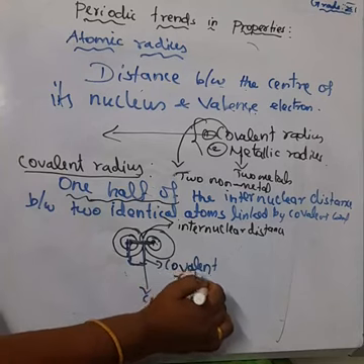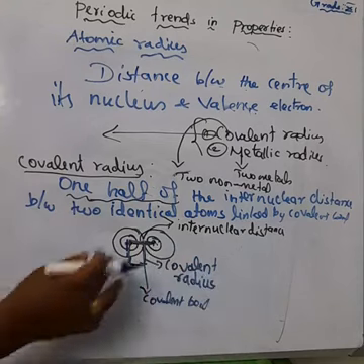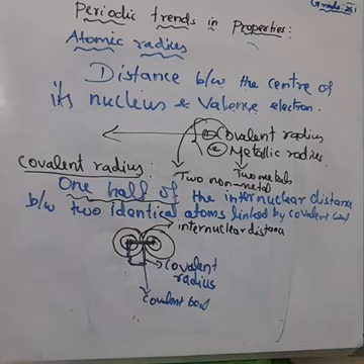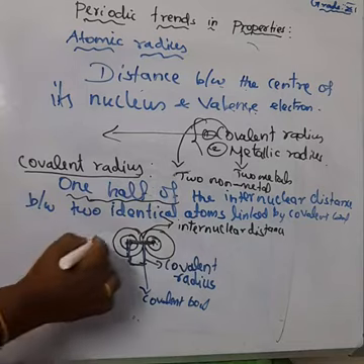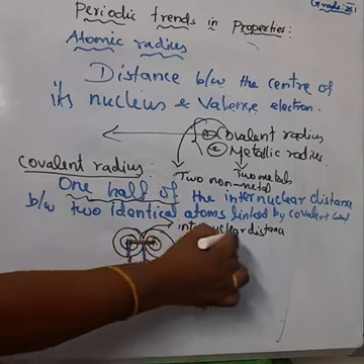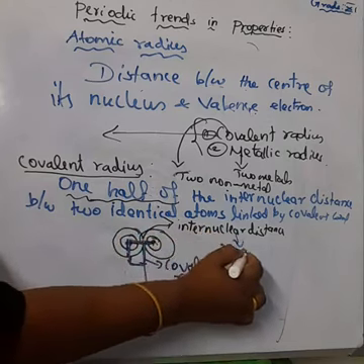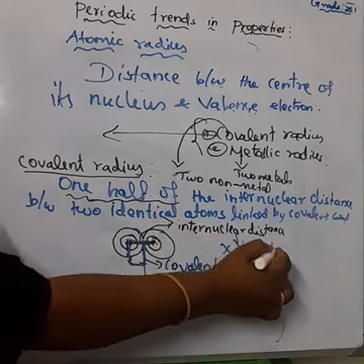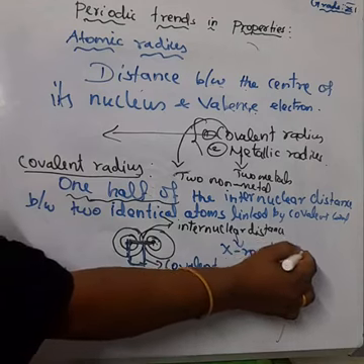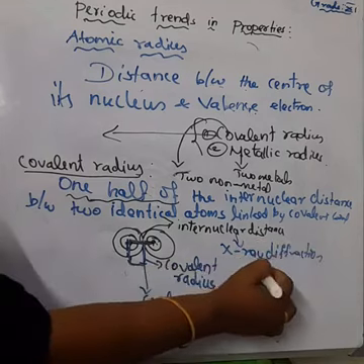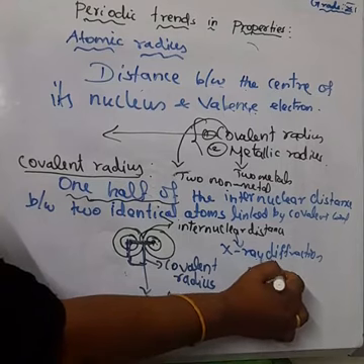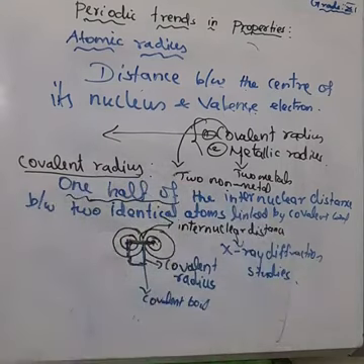How can we measure the internuclear distance? It can be determined using X-ray diffraction studies. Only by X-ray diffraction studies can we measure the internuclear distance between two atoms.